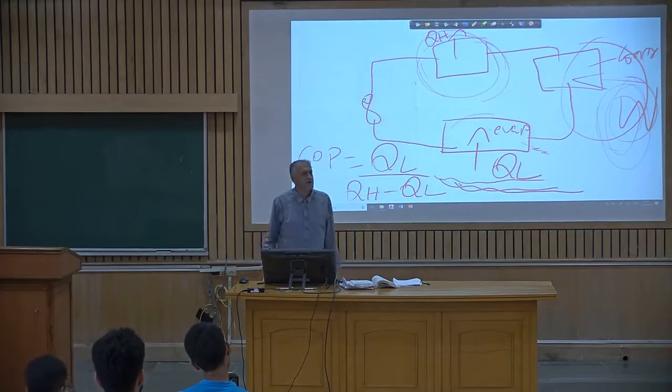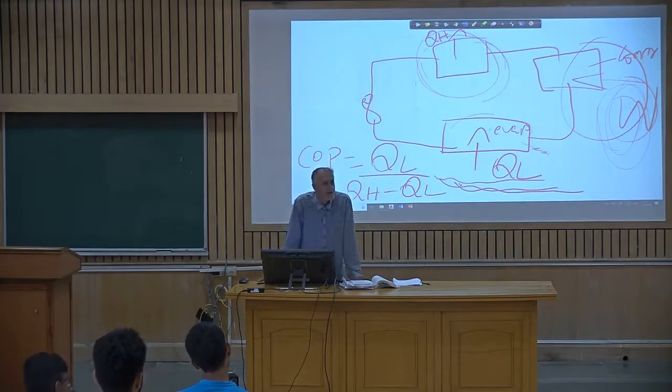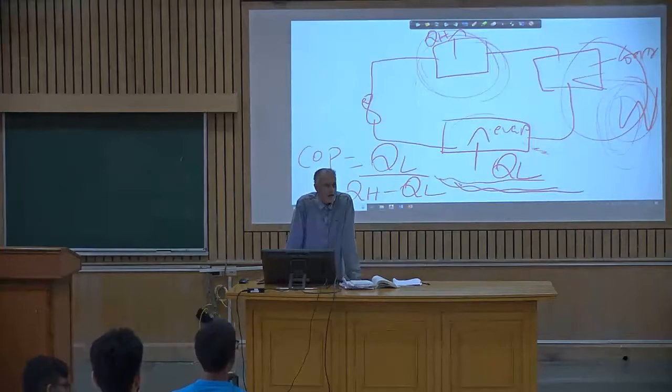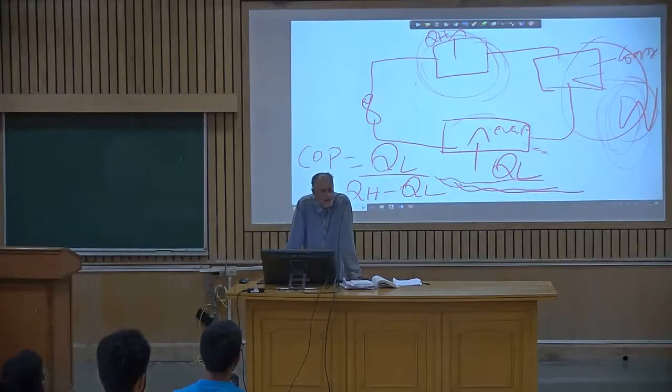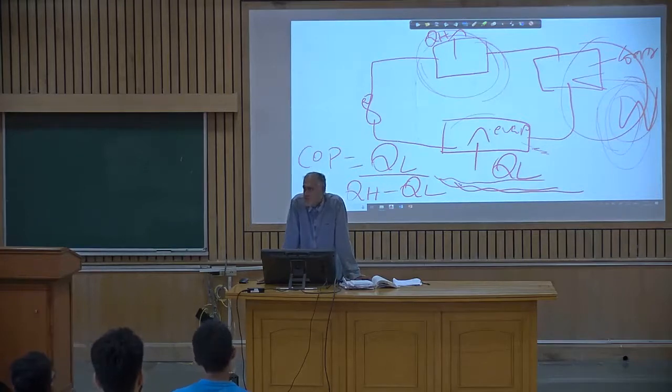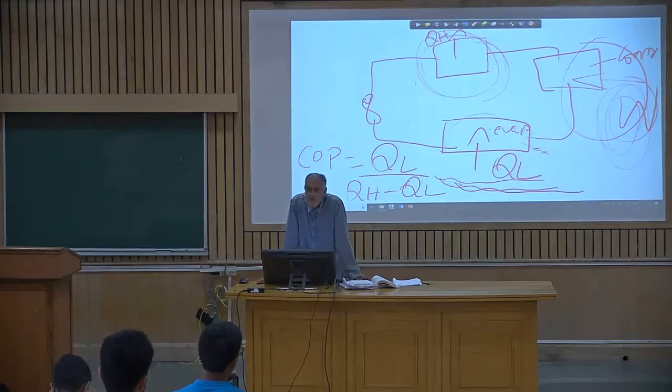Does it make sense? The temperatures will be different, correct? Temperatures will be different. The amount of heat will be the same. If I have high QL and high QH, will the temperatures become the same?